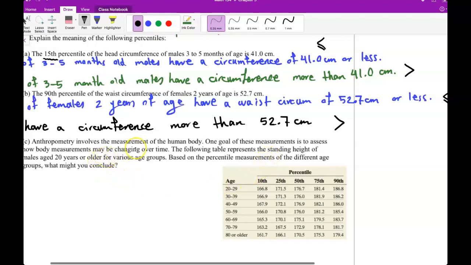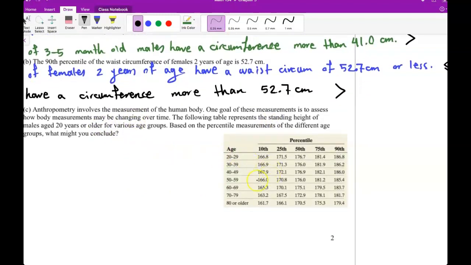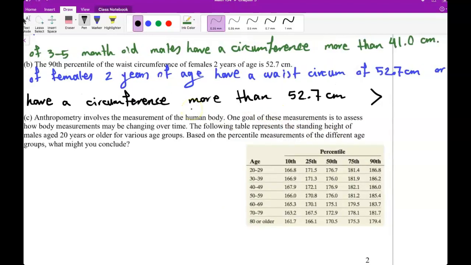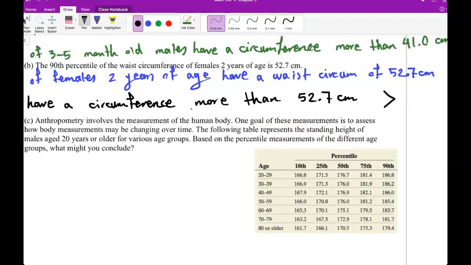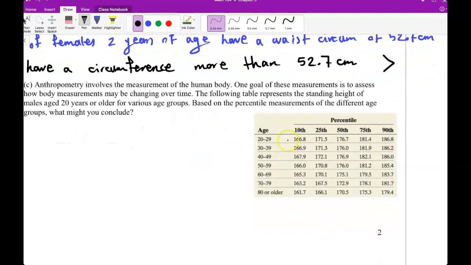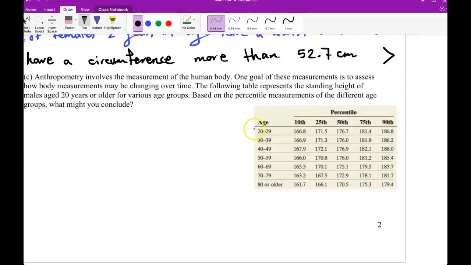Now part C. On this table we have measurements of the human body. One goal of this measurement is to show how body measurements may be changing over time. As you can see, we have a group of ages starting from 20 to 29 up to 80 or older.